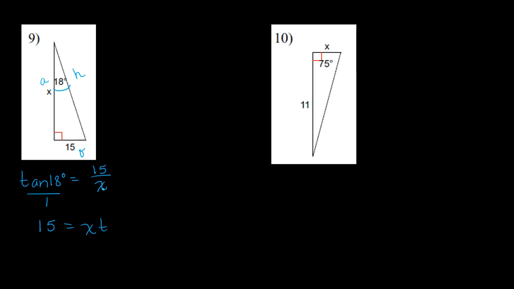Notice that the x is your coefficient of tangent, so it comes out front. We're going to divide each side to isolate x. And 15 over tangent 18 is 46.165, so 46.2.